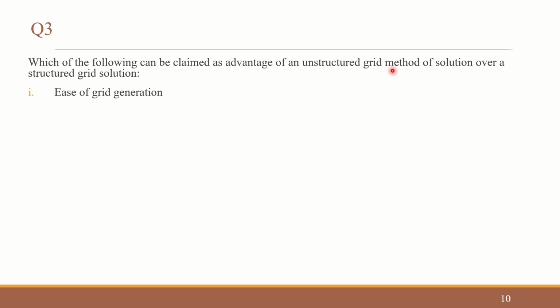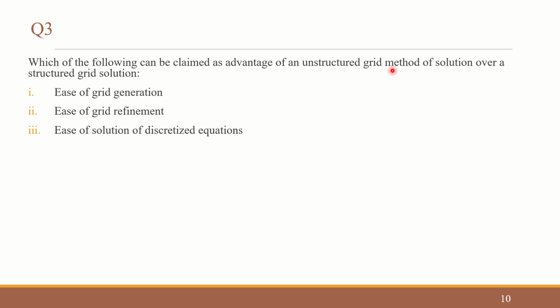First one is ease of grid generation, second one is ease of grid refinement, and third one is ease of solution of discretized equations. So we are given three things.